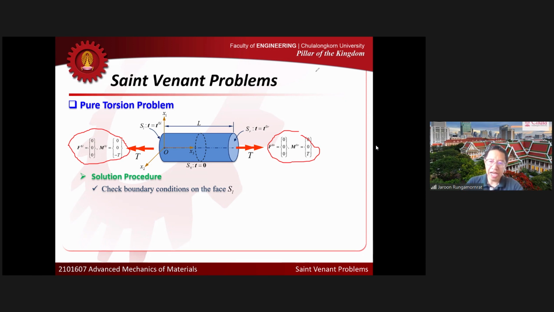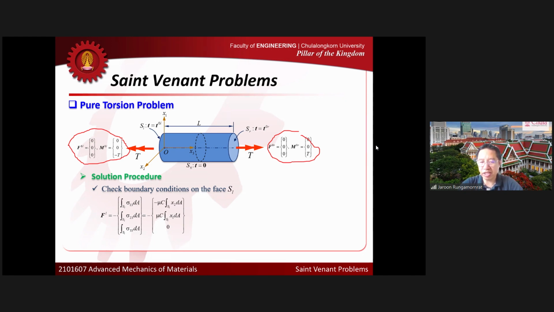Okay, so I will start by computing the net forces and moments at the left end. I still use the same formula if you remember. I gave you the formula to get FL in terms of stress components. I simply plug in sigma 1 3, sigma 2 3, and sigma 3 3 into this formula, and we know that sigma 3 3 is 0, right, from the stress field that we got before.